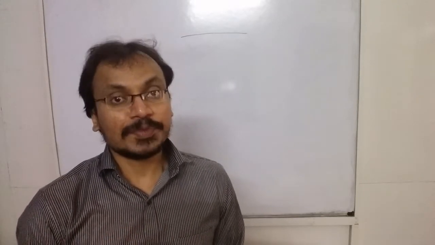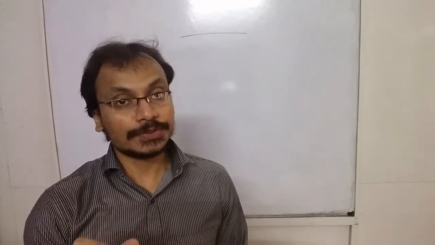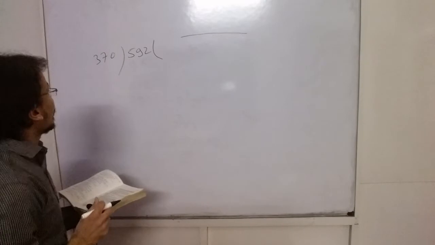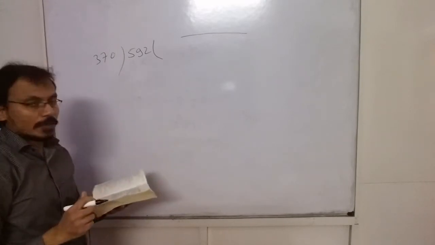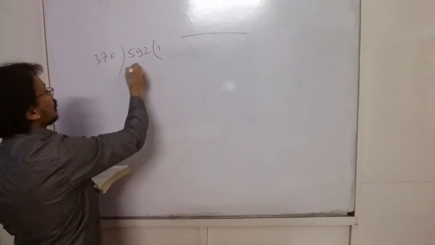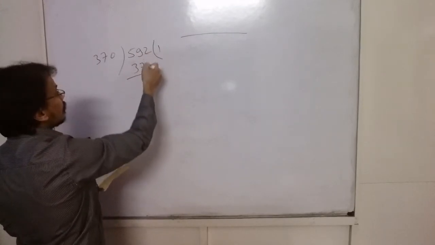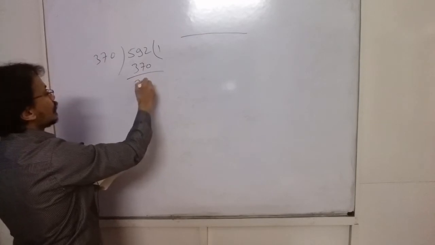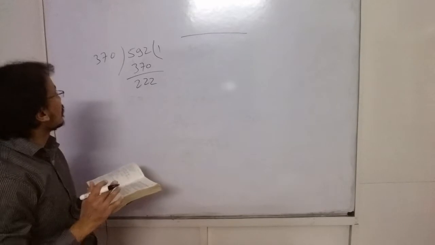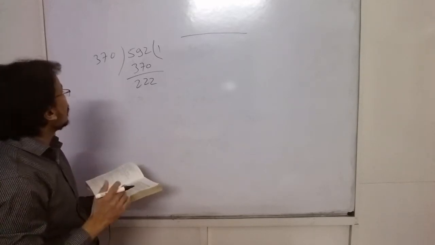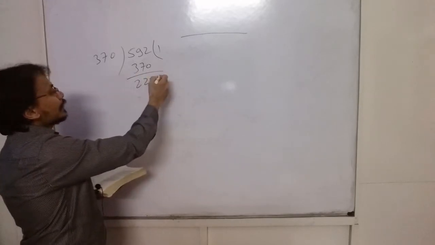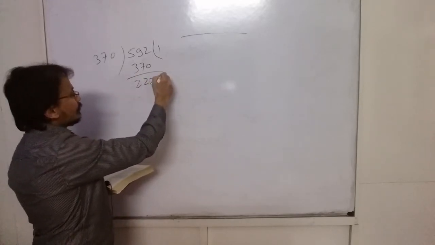Compare those two numbers, write the bigger number inside and start dividing it by the smaller number. You'll get one time 370, subtract this, and the remainder is 222. Now listen to this step very attentively: this remainder will be the next divisor.